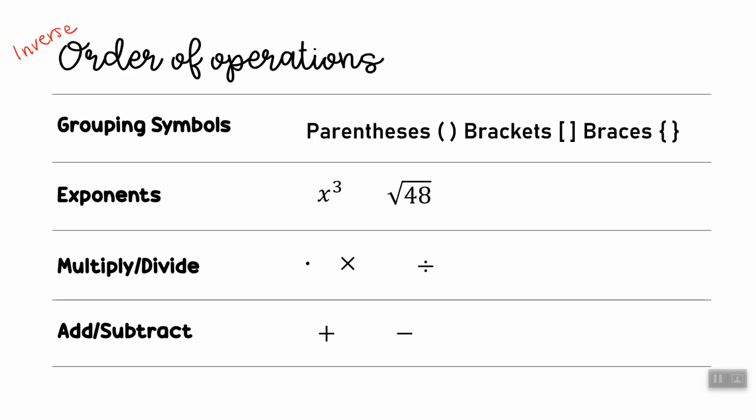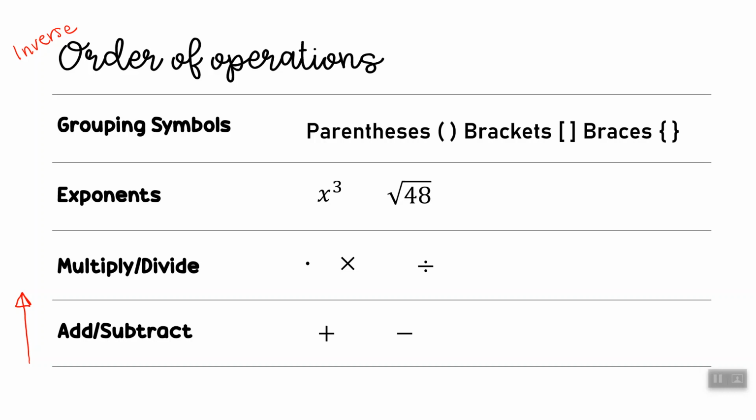Meaning we are starting at the bottom of order of operations and working our way up to the top. Today we're only focusing on one-step equations, with the exception of, I think, one problem that is two steps. So we don't really need to focus as much on going in reverse order of operations because there's only one step involved.